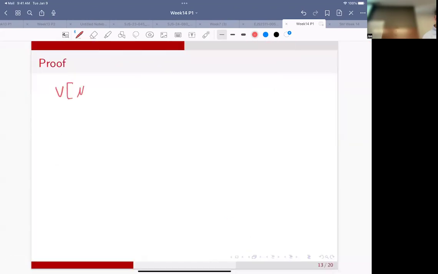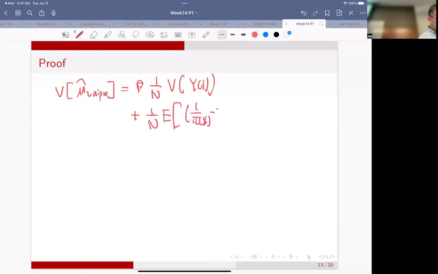You had one AIPW, right? Remember, it's 1 over n variance of y1 plus 1 over n expectation of (1 over pi x minus 1) times (y1 minus b1 x) squared, something like that.